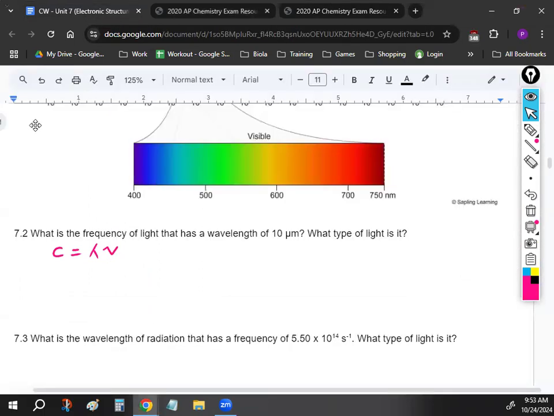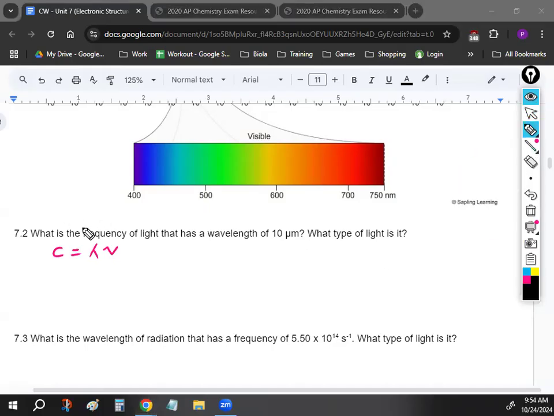First thing we want to do, since these are probably variables that are unfamiliar to us, is figure out what we're looking for. This question is asking us to find frequency. If you remember, frequency is this one right here, nu, the v with a neck. So we are looking for this one.